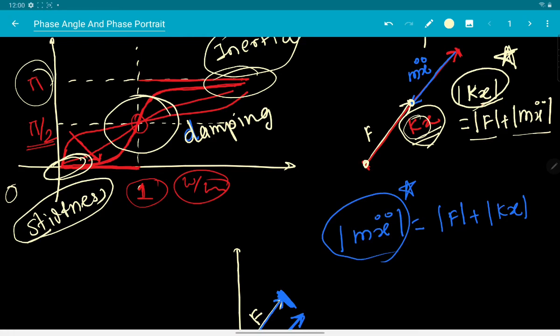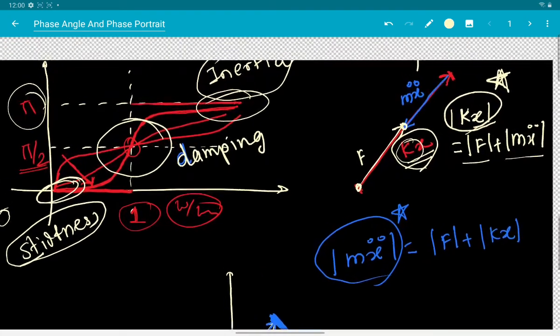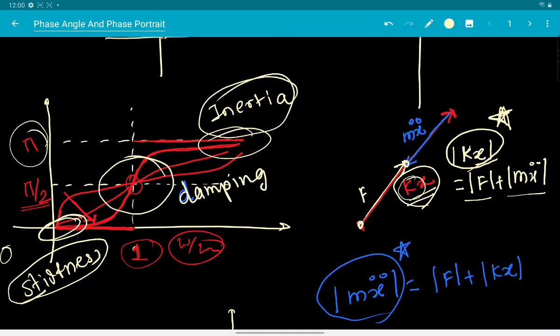With this we'll conclude this session, in which we have seen how exactly the phase of the displacement changes. This is the steady state displacement. We haven't talked about the transient part, because we are considering that it has died down, and we are left with only the steady state part.